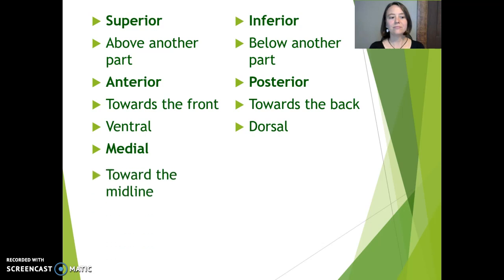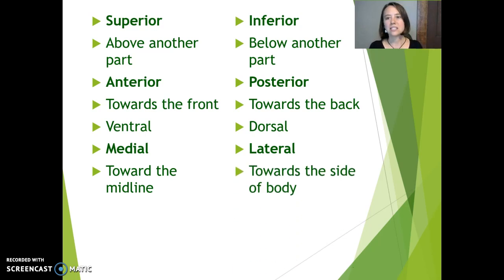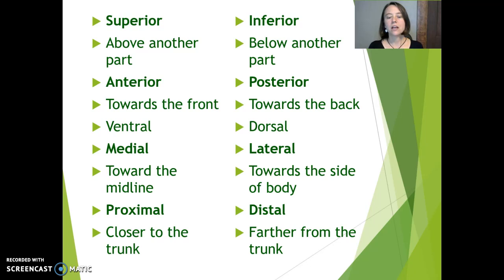Medial means towards the midline, and its opposite, lateral, is towards the side of a body. Proximal means closer to your trunk, and distal means farther from the trunk. So example, my elbow is proximal, it's more proximal than my index finger.